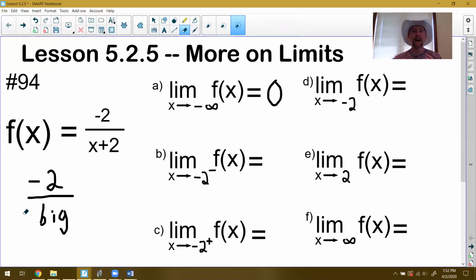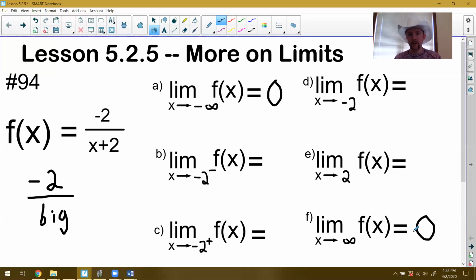So now it's a positive gigantic number instead of a negative gigantic number. So negative 2 divided by a gigantic positive number is going to be 0, right? Whenever we have just a number over something gigantic, it's going to be 0, or really, really close to 0, and we're going to be approaching 0 as x approaches infinity.